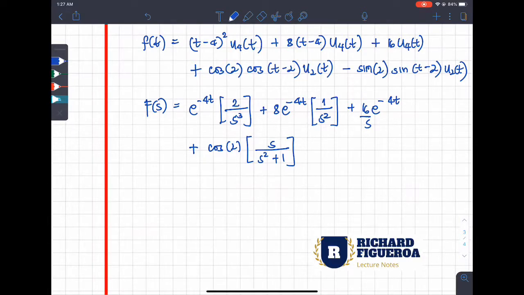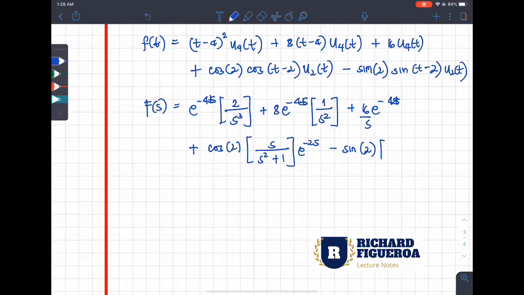And then I'll have the e raised to negative 2s. Then I'll have a negative sine 2, and then 1 over s squared plus 1, then e raised to negative 2s.